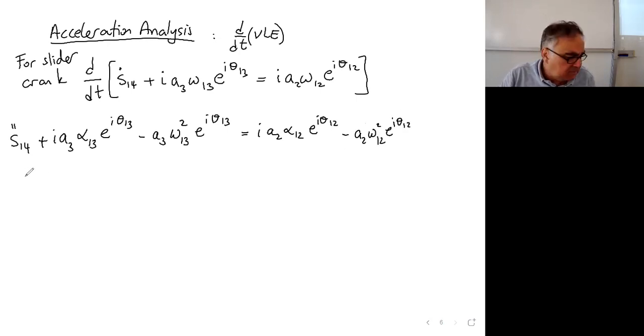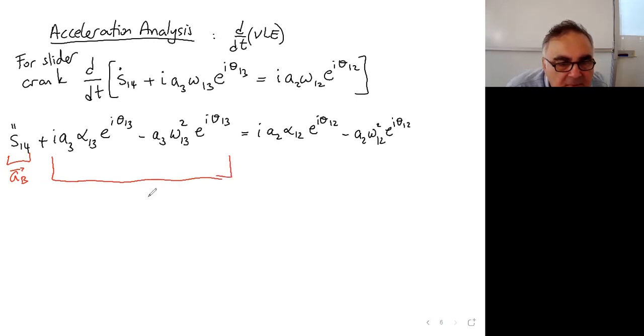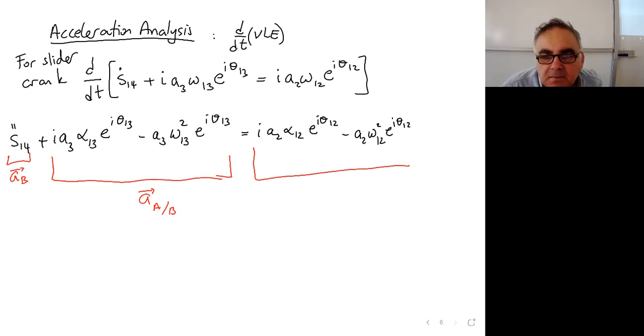Okay. There is a physical explanation here. This is the acceleration of B. This whole thing is the acceleration of A relative to B. And this whole thing is AA.